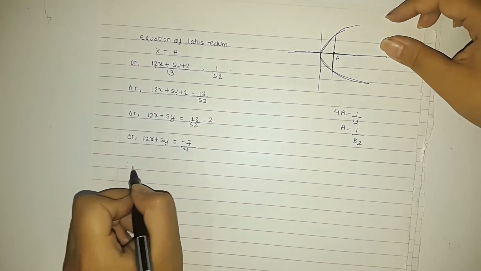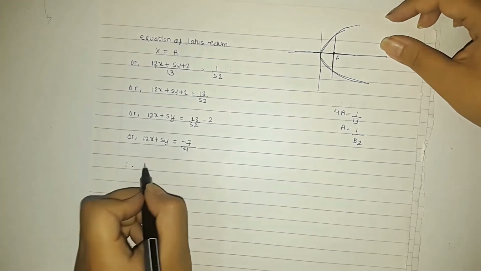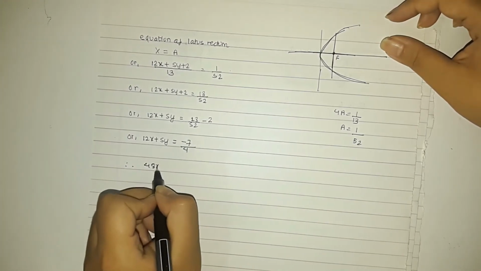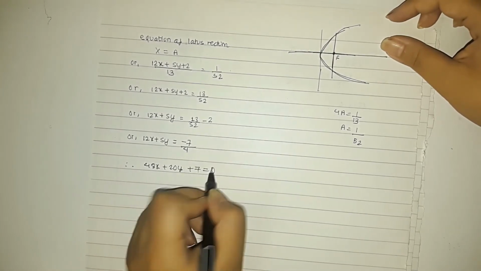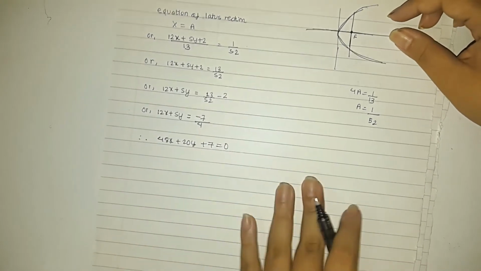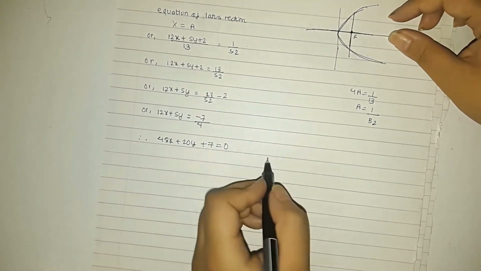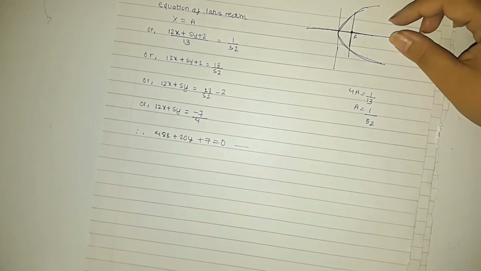Therefore the equation of the latus rectum is 48x plus 20y plus 7 equals 0, which we number as equation 7.